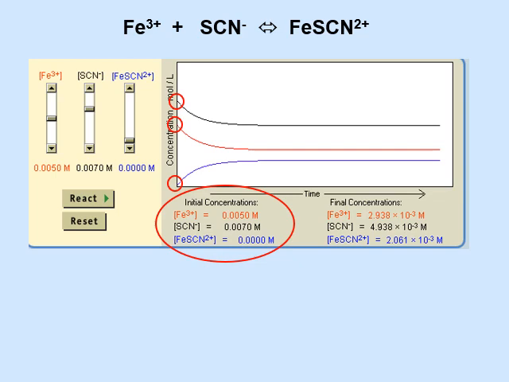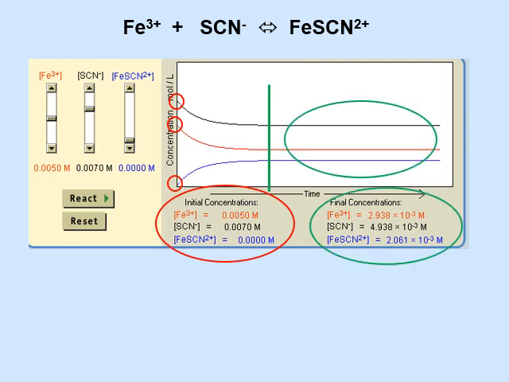The concentrations of the reactants thus initially decrease with time, and the concentration of the product increases. After some time, however, the concentrations stop changing and we have reached equilibrium. Notice that at equilibrium, there are some of each of the reactants and the product present.